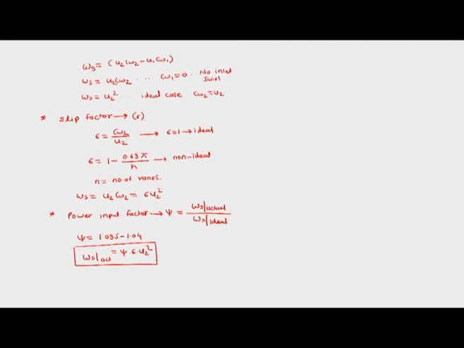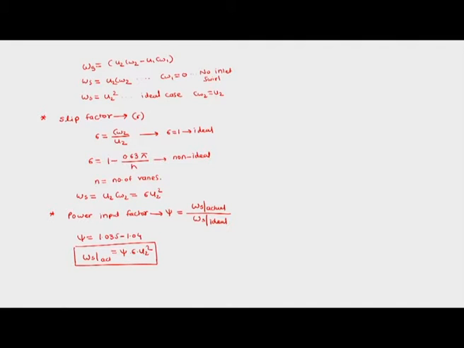So having said this, now we have to draw the TS diagram for the centrifugal compressor. Again we will remember that in the centrifugal compressor we first have the rotor and then we have the stator.